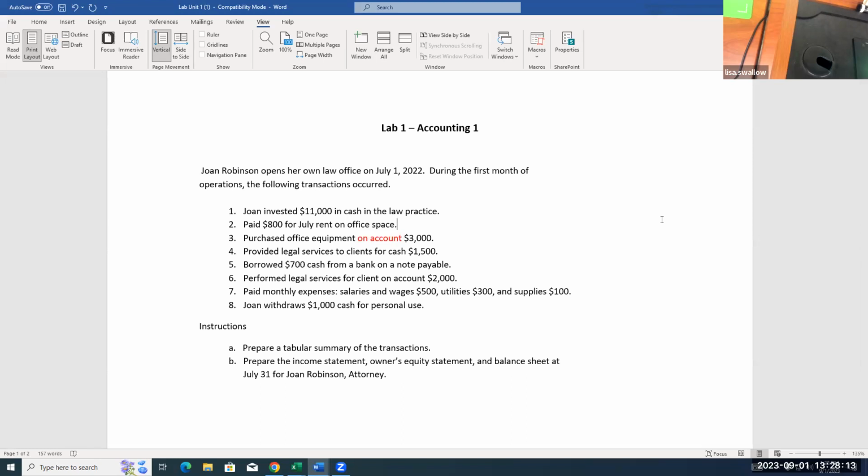What does that mean? I've got to pay it later. It was just like the supplies on account, but now I'm buying a piece of equipment on account. I did not write out a check for it today. They will send me an invoice and I will pay them later.